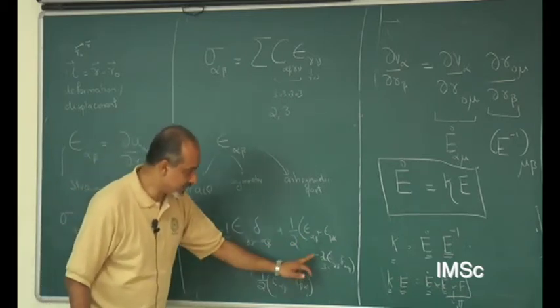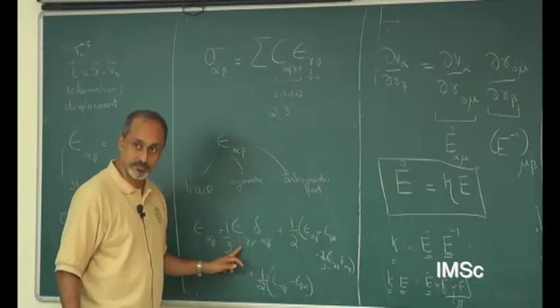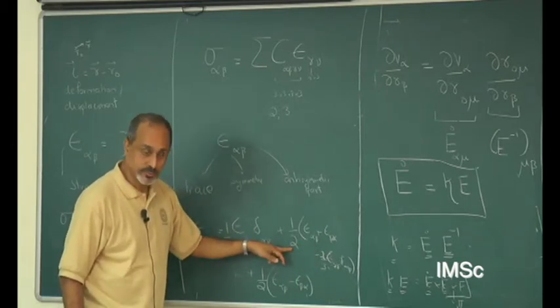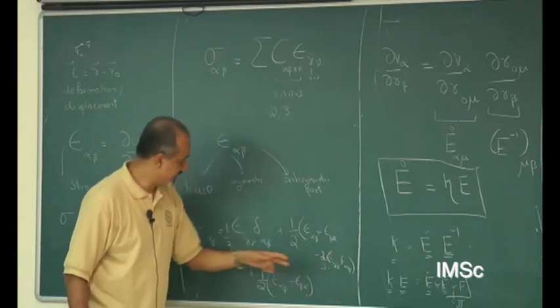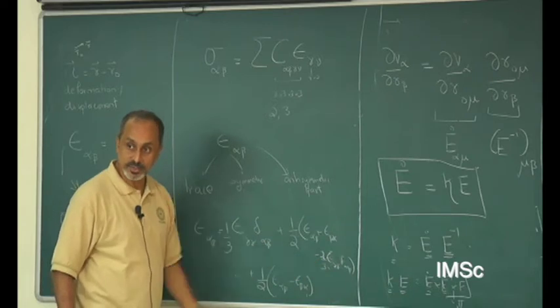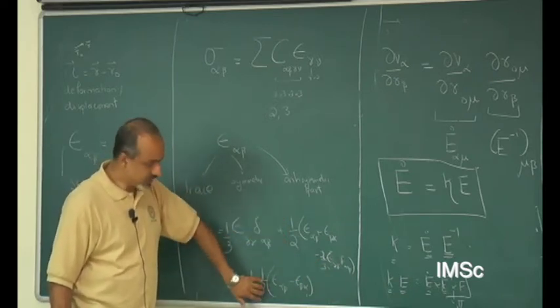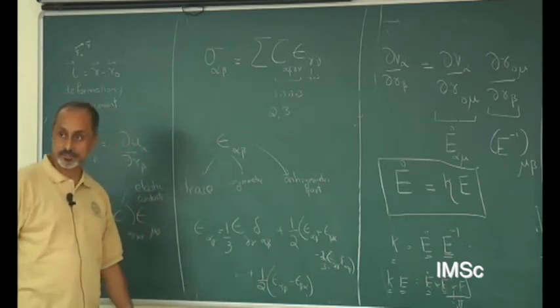This term here appears inside the bracket, but this is the same term as here. So the factor of 2 here gets rid of this factor of 2. But otherwise, the 1/3 epsilon gamma gamma delta alpha beta is the same as this term here, but appears with a minus sign. So that goes away. So the only term that survives is 1/2 epsilon alpha beta and 1/2 epsilon alpha beta, which gives me epsilon alpha beta on the left hand side.